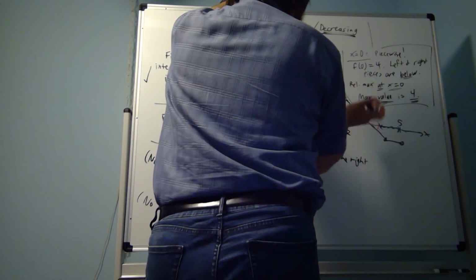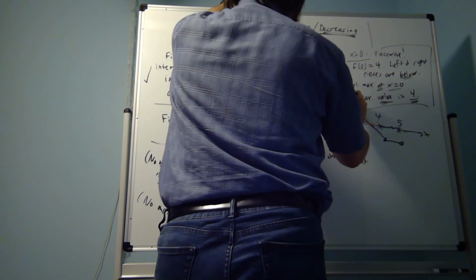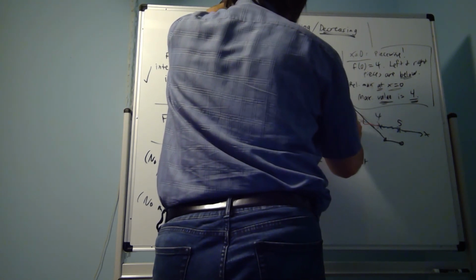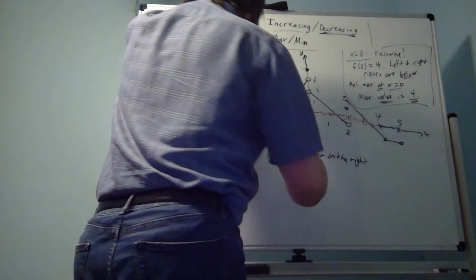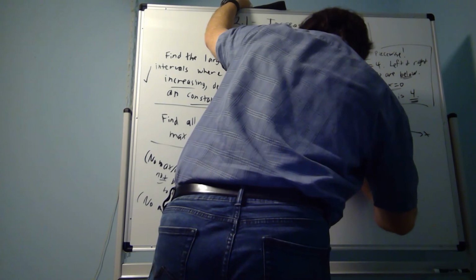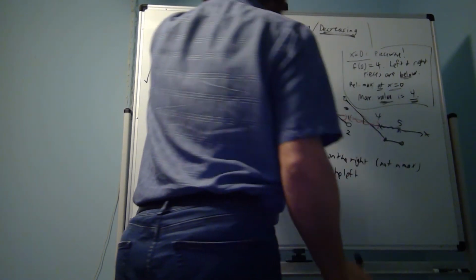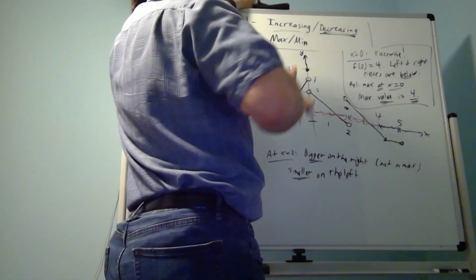I'm not at the bottom of a valley because on the left-hand side it's the opposite. I'm not at the top because there's higher stuff, but I'm not at the bottom because there's stuff down here on the left. So I'm not a max because the stuff to the right of me is even higher.